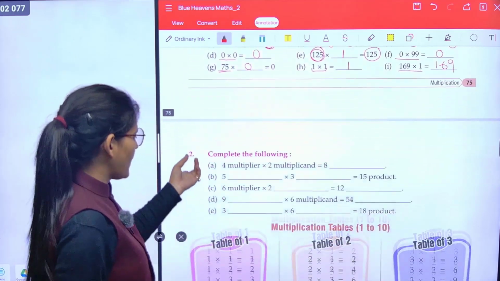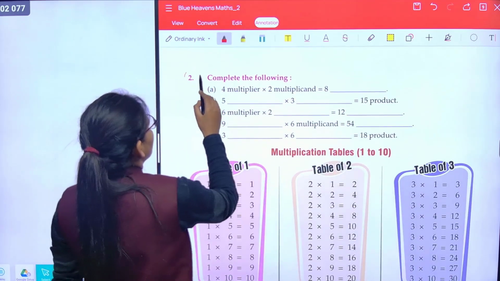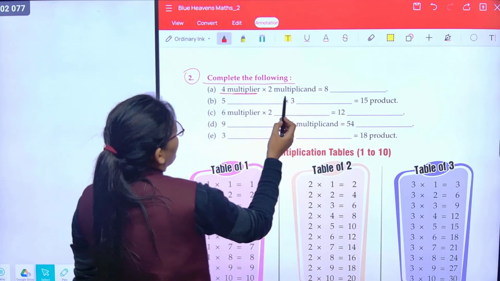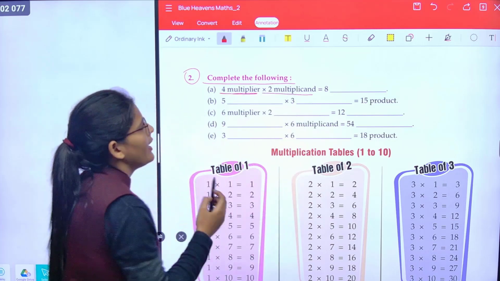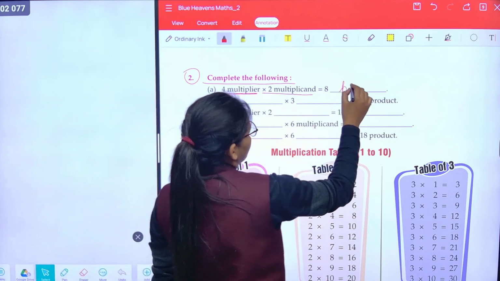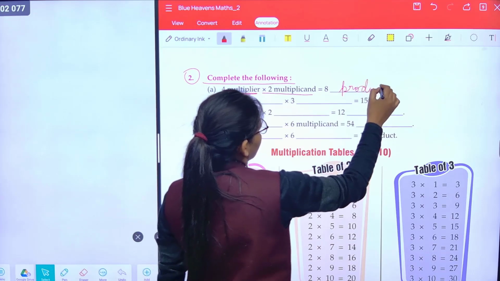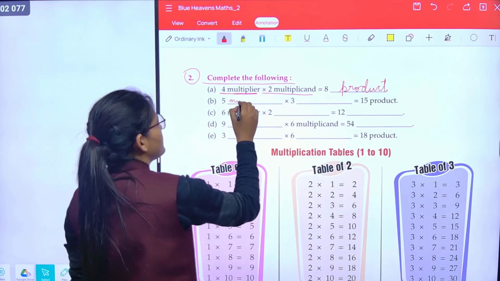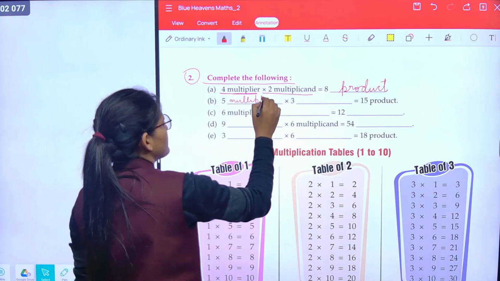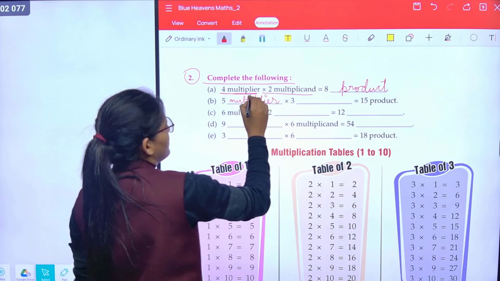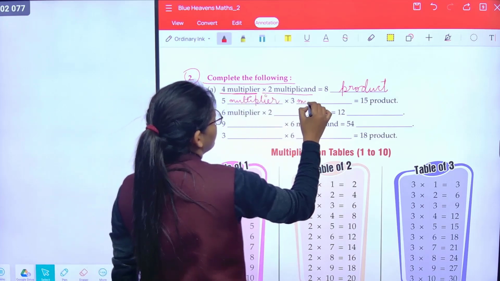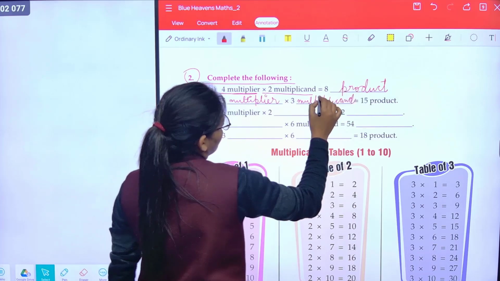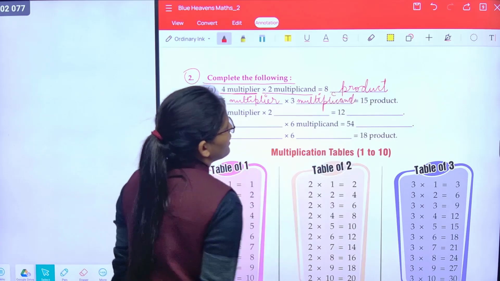Understand? Now class, question number 2, complete the following. Now 4 is the multiplier, 2 is the multiplicand, 8 is the product. Now 5 is the multiplier and 3 is the multiplicand, and 15 is the product.